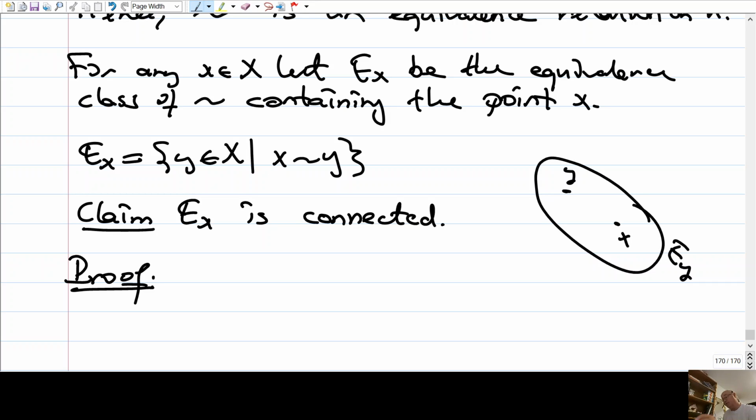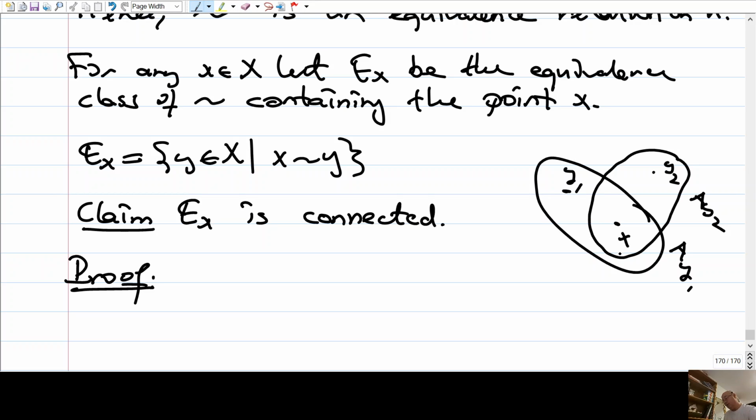Let me call this set A_y. For any y, there is such a subset. So if you have another, let's say this is y1, another y2, then there is A_y2. All these subsets are connected and they have a common point, which is x.